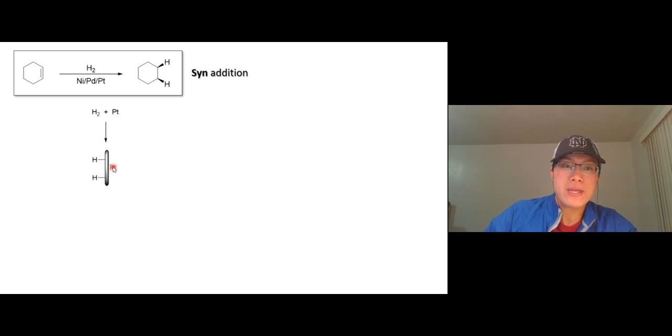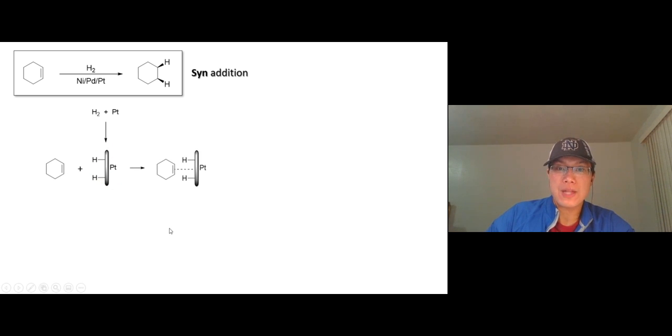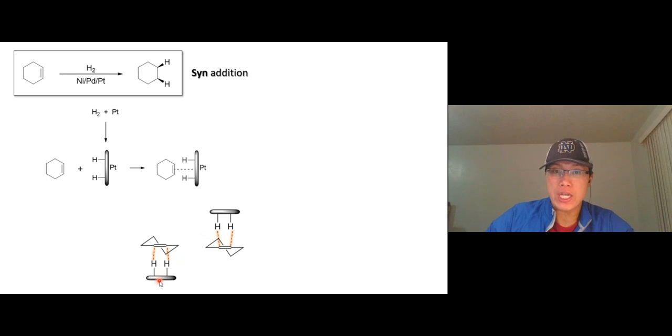So hydrogen is ready to be added onto something. The alkene comes in, interacts with the platinum that has hydrogens on it, and hydrogen will be added onto one side, either the top face or the bottom face of the alkene. That's the reason why this reaction goes syn addition.